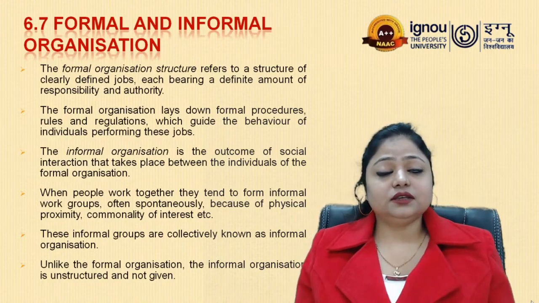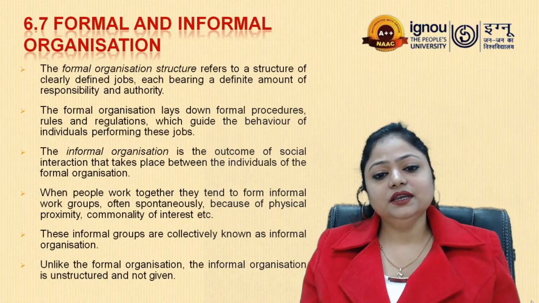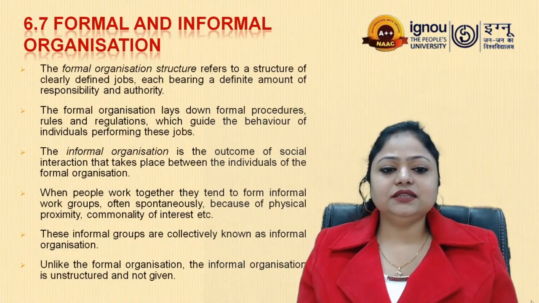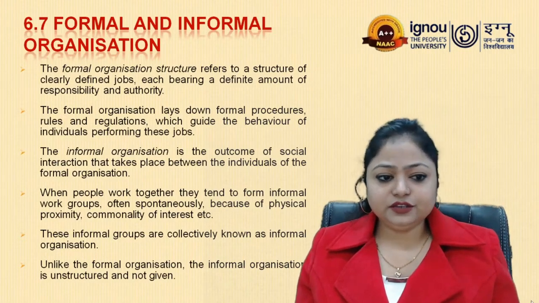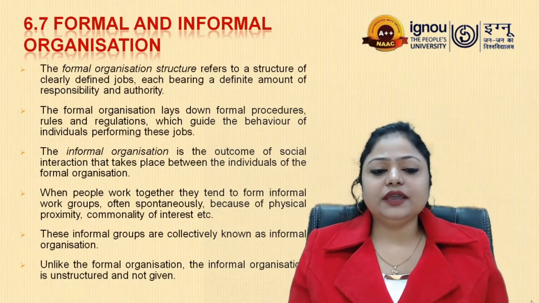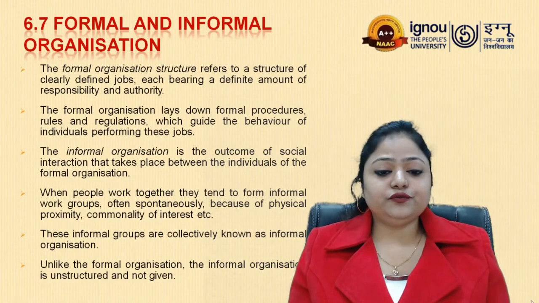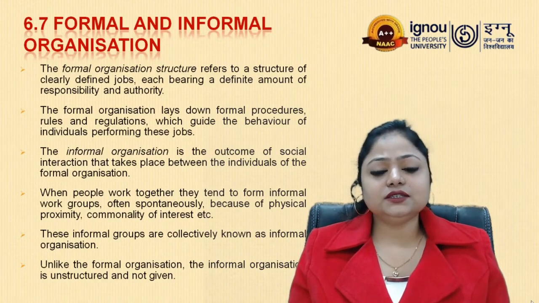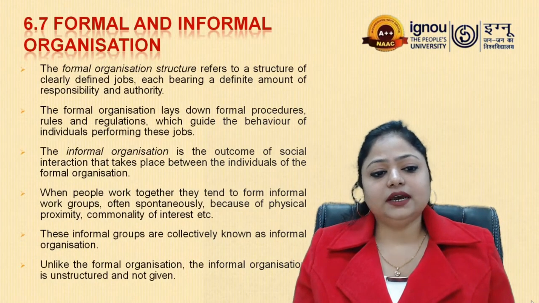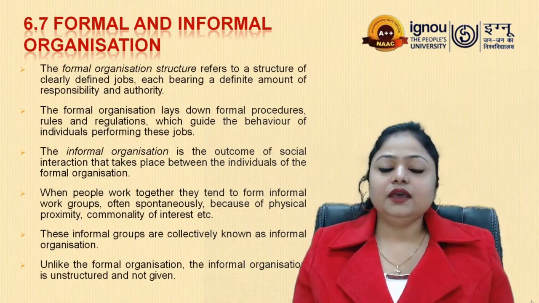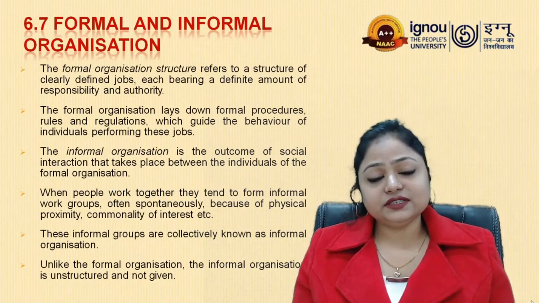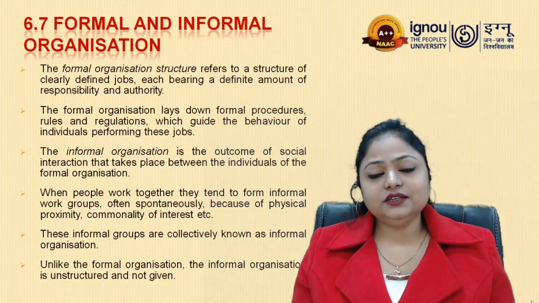Now, what is informal organization? It is the outcome of social interaction and interdependence that takes place between the individuals of a formal organizational structure. When people come together and work together, they tend to confide among themselves and form informal connections and work groups. This happens often because of physical proximity and commonality of interest.